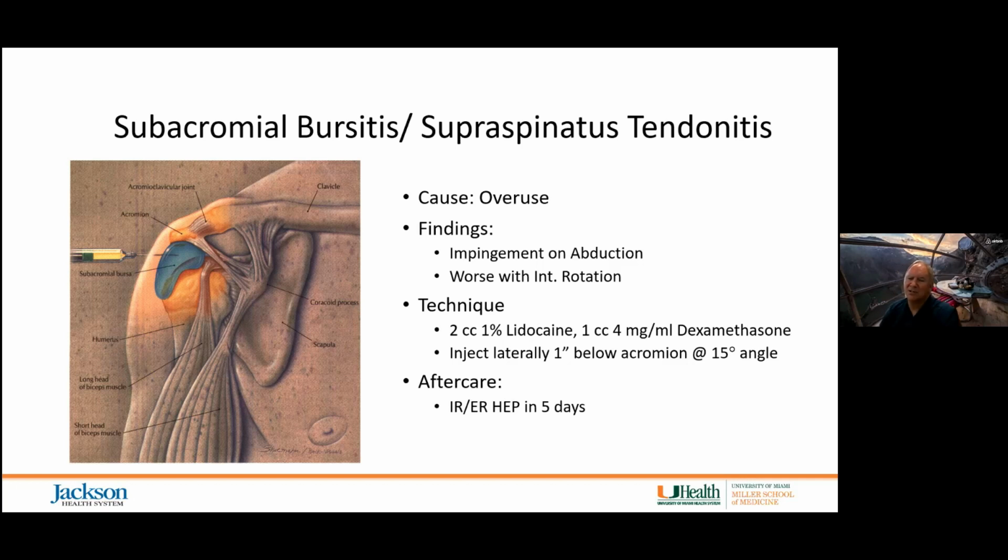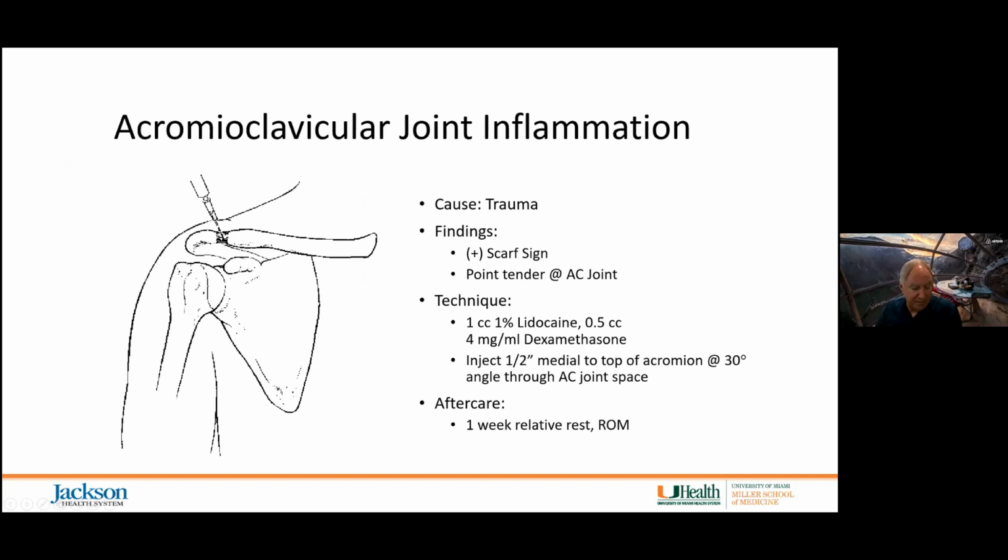Then we're going to slowly increase internal and external rotator exercises to try to strengthen the shoulder depressors over time. I'm not going to have enough time to run through all of these in detail, but just recognize that if you've got a positive scarf sign, that indicates AC joint inflammation.